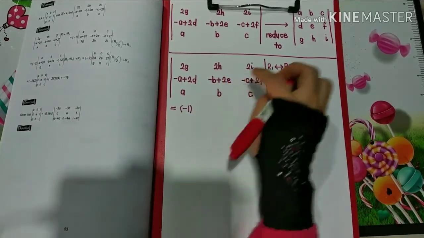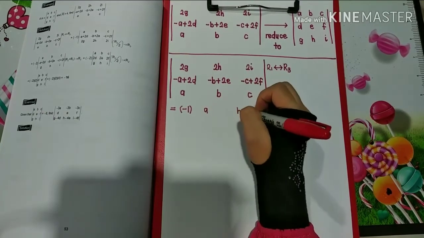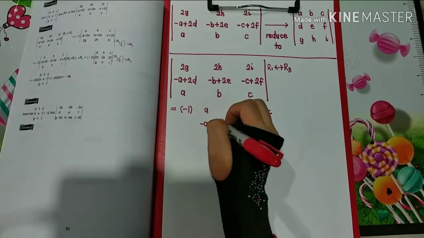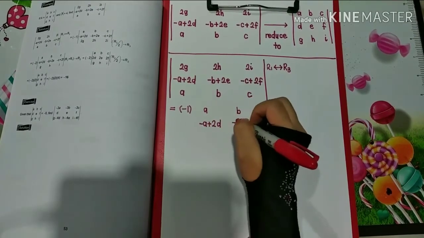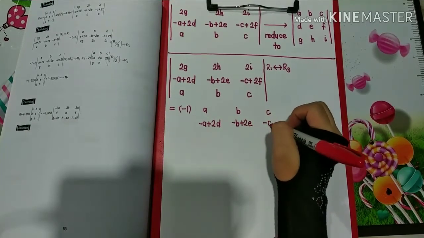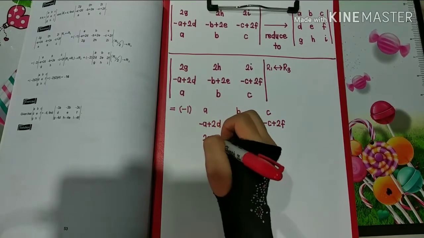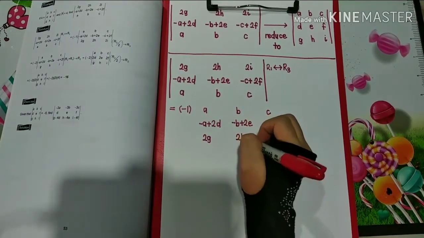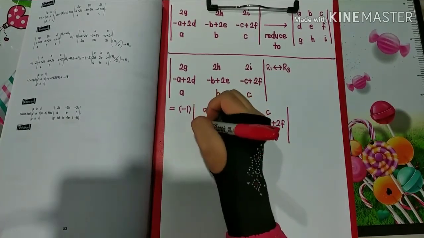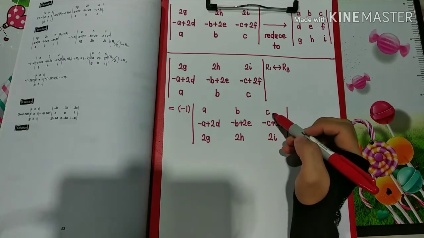Okay, then you interchange R1 with R3. So now you have settled the first row here.